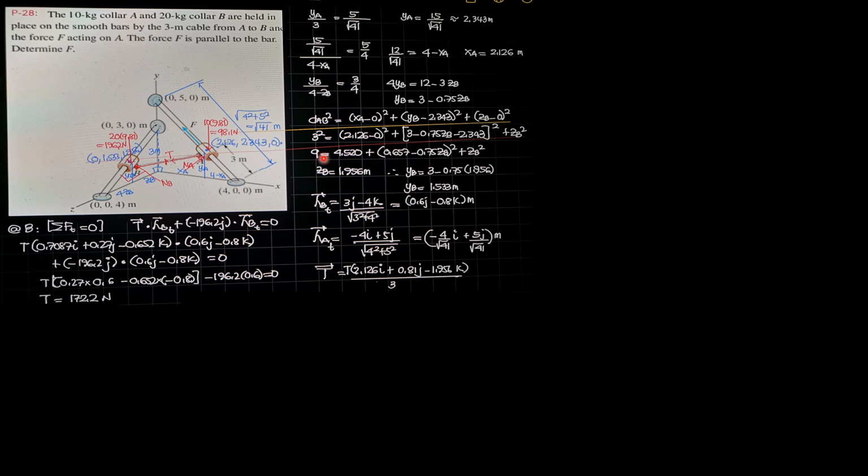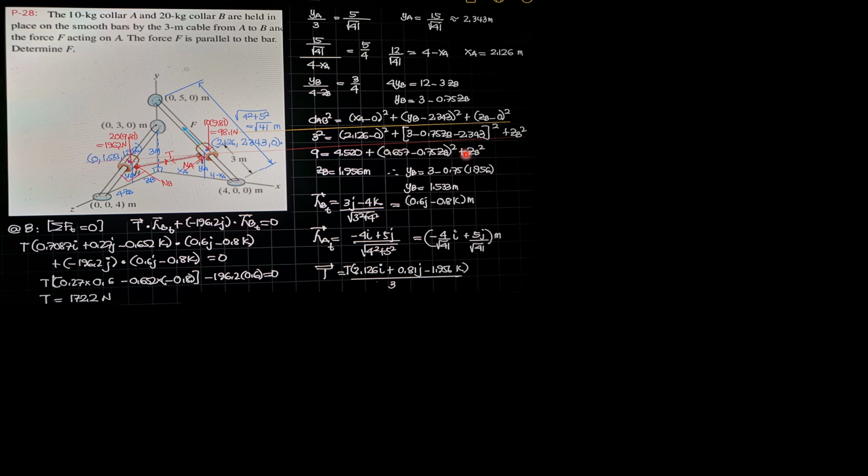Simplifying further, 9 equals 4.520, plus 3 minus 2.343, that's 0.657, quantity 0.657 minus 0.75 Z sub B, quantity squared, plus Z sub B squared. So only Z sub B is unknown in this equation. You can use your high-tech calculator, or you may simplify this further and apply the quadratic formula.